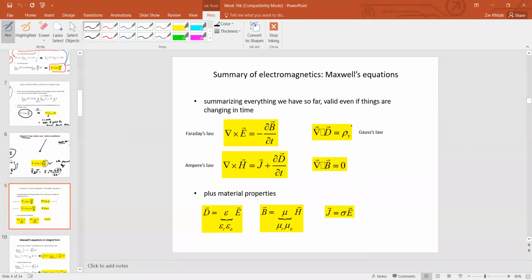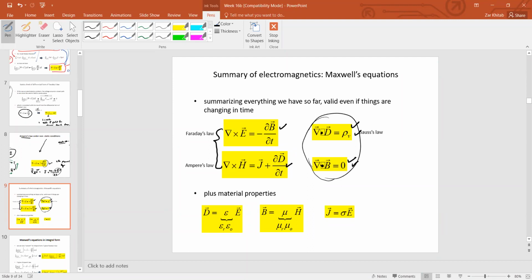These two are the first Maxwell equation and the second Maxwell equation. These two are for static fields, for electrostatics and for magnetostatics. And these are the time varying ones: the third Maxwell equation and the fourth Maxwell equation.